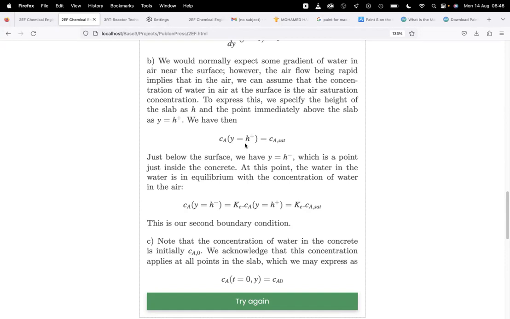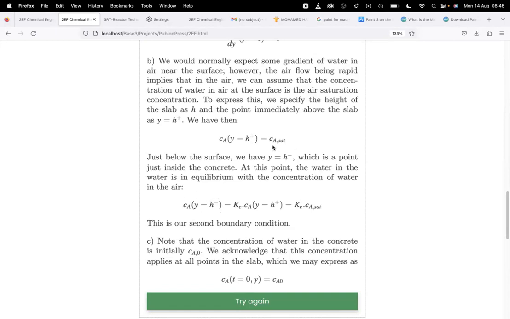So just above that surface, it's air, and so that's the saturation concentration. What we actually want is the boundary condition inside the slab. And so we say here, we want the concentration where Y equals H minus. So just inside of the concrete at the upper surface, this is the right way to reference it.